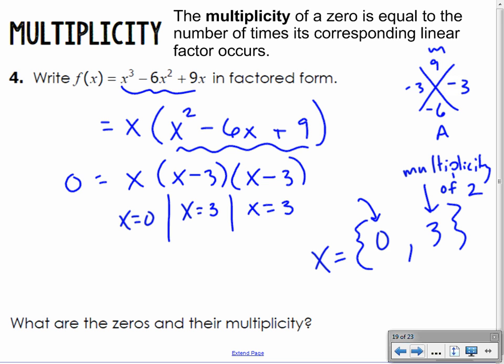The zero at 0, its factor only occurred once here, so it would have a multiplicity of 1. Now, something else that we're going to talk about is if I have a cubic function, I should be able to find 3 zeros. Well, graphically, we're only going to see two places where it crosses the x-axis. But if we account for the multiplicities, they are going to add up to 3.